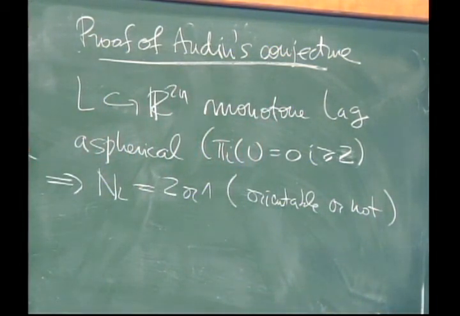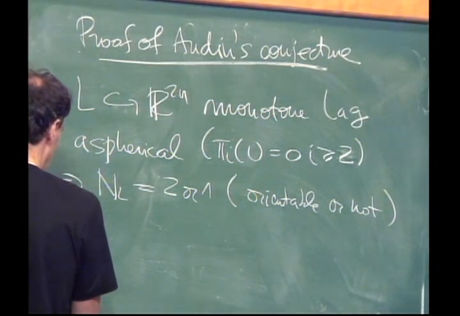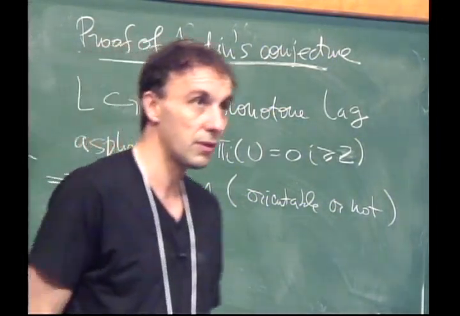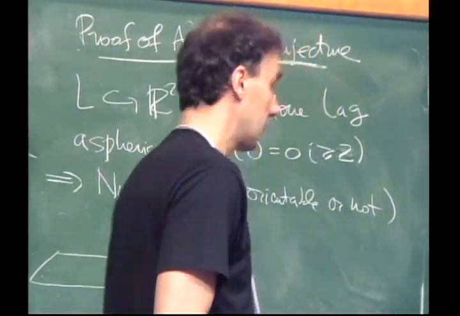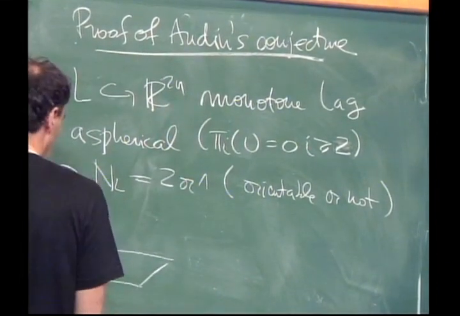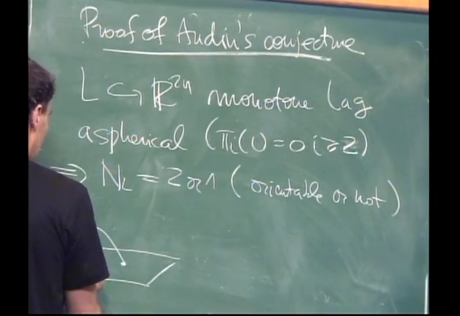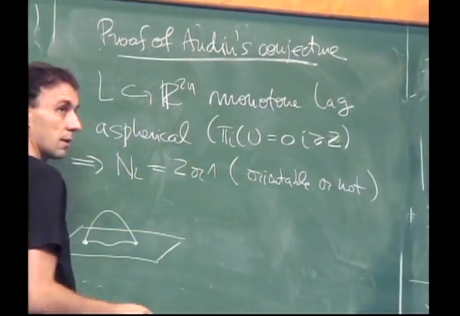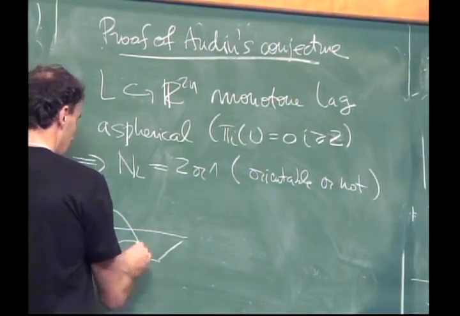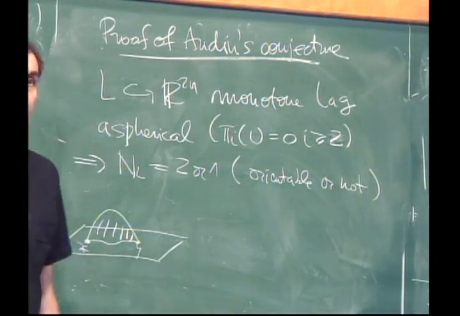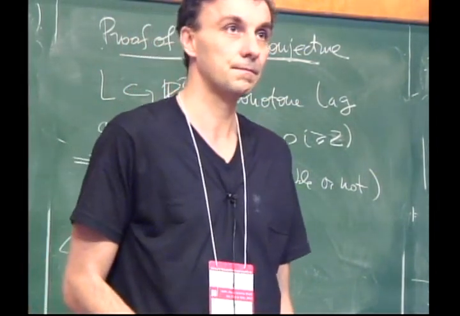Now, it works like this. So I will take the point of view with two Lagrangians, right? So when we take two Lagrangians, you have to look at holomorphic strips joining critical points of the function, right?